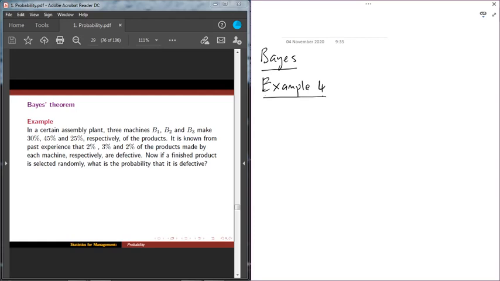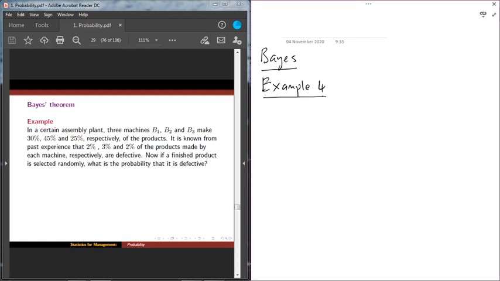In a certain plant, 3 machines B1, B2, B3 make a product, whereby B1 takes part 30 percent, B2 takes part 45 percent, B3 takes part 25 percent in producing the product.